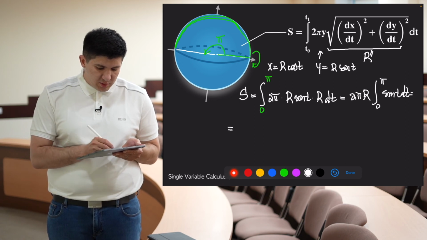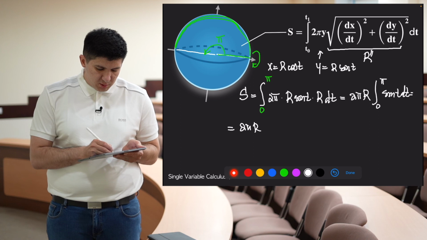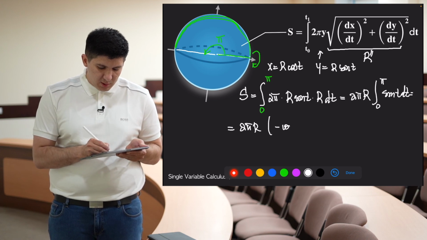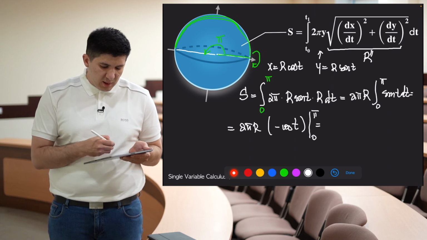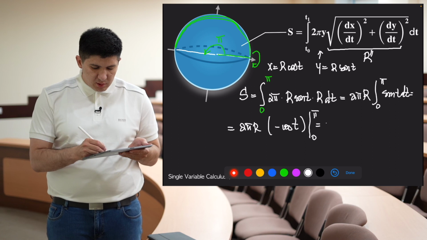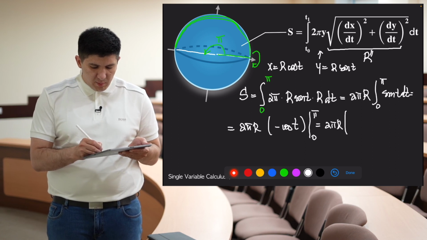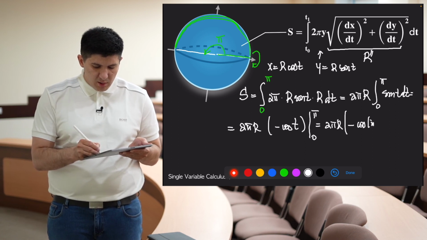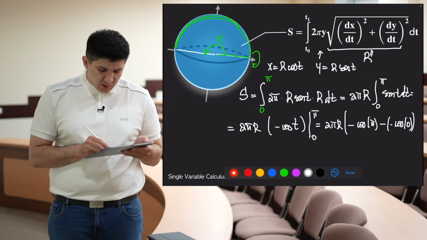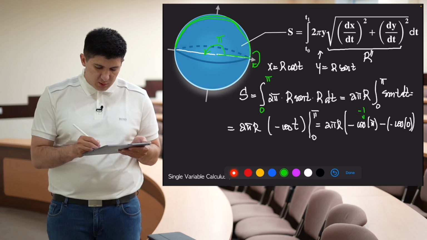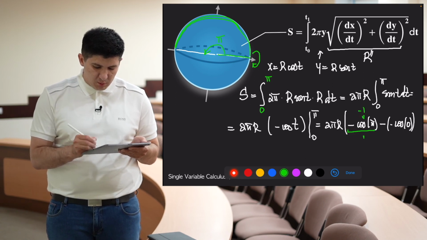Well, the antiderivative of the sine is going to be equal to minus cosine of t, and we have to substitute 0 and pi into this. Let's do this together. 2 pi r squared times minus cosine of pi, minus cosine of 0, right? Well, cosine of pi is equal to minus 1, so in total this term is going to be equal to 1.